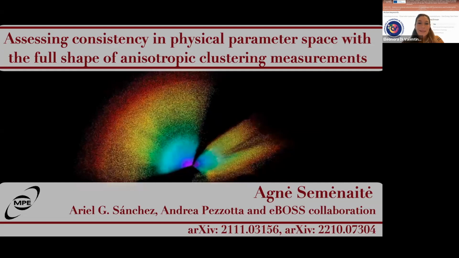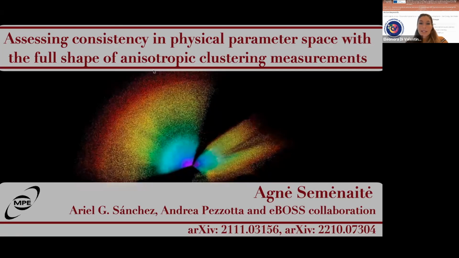Agne is currently a PhD student at the Max Planck Institute for Extraterrestrial Physics with Dr. Ariel Sanchez. Prior to this, she completed a master's degree at the University of Edinburgh with Prof. Catherine Heymans. Her research interests include understanding the information content of the full shape of the anisotropic galaxy two-point correlation function, as well as exploring how it may be combined with two-point measurements from weak gravitational lensing.